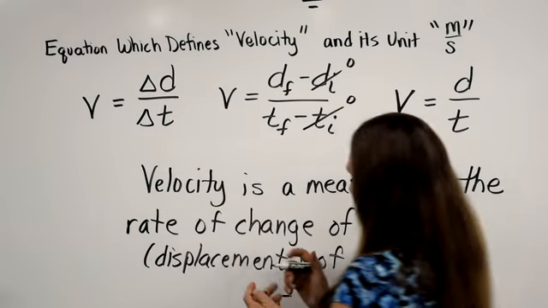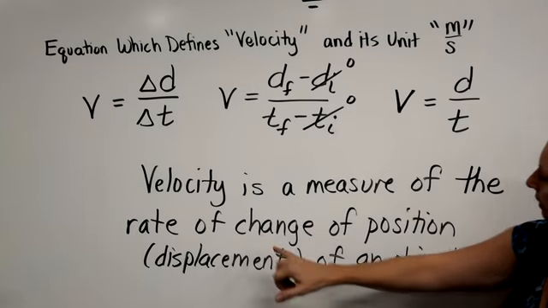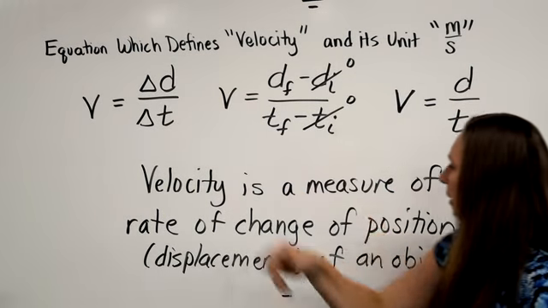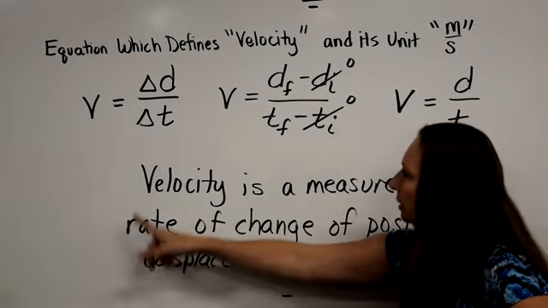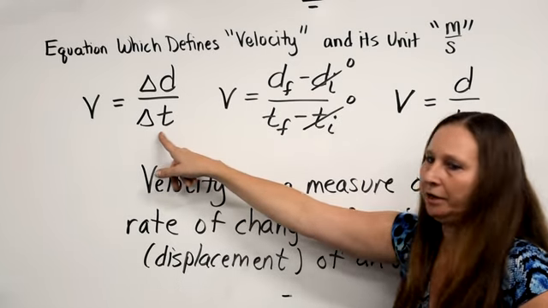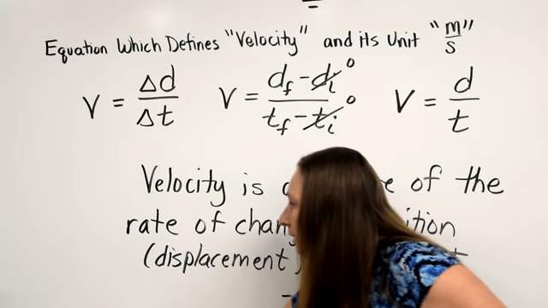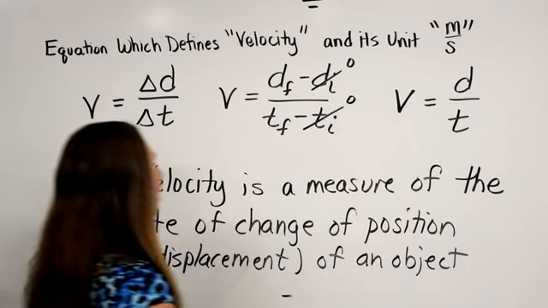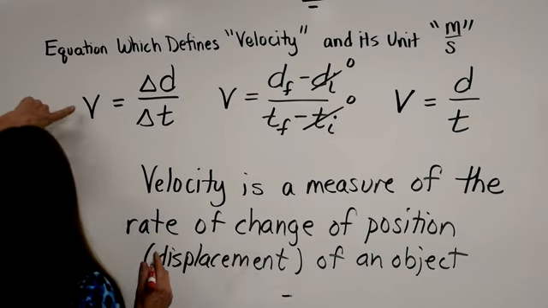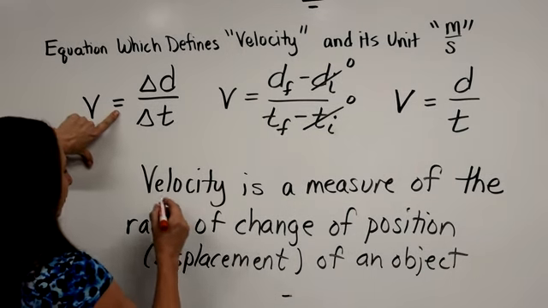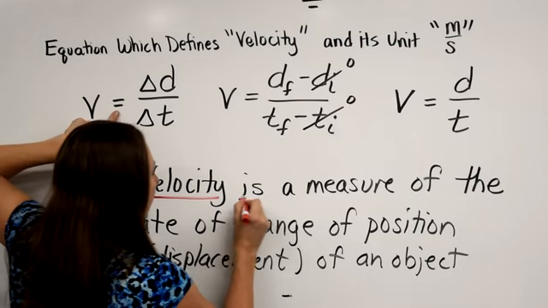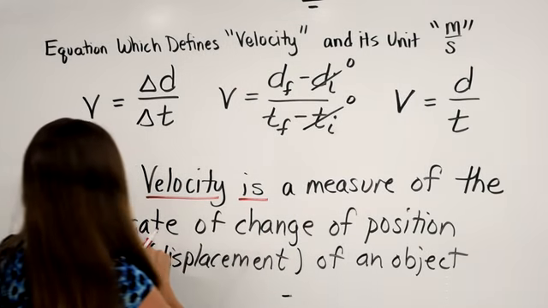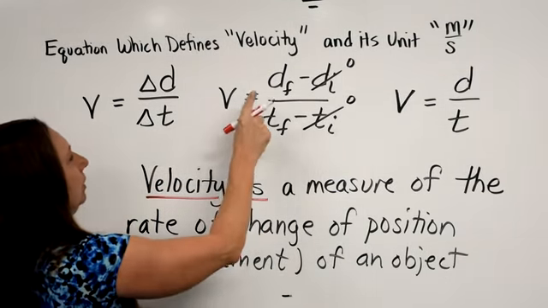Of an object. So now, you said that it's a change in position. There's the change in position. You said that it's a rate. The time on the bottom is the rate. So you took everything about that equation and translated it into English. Watch again. Velocity is a measure of the rate of change of position.